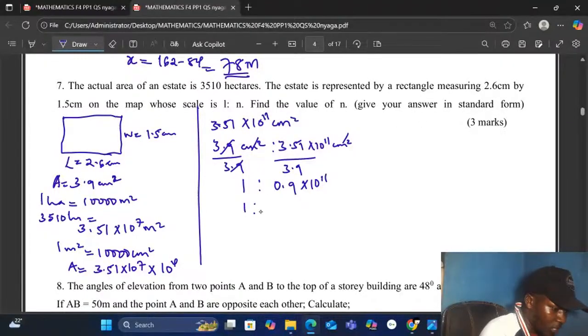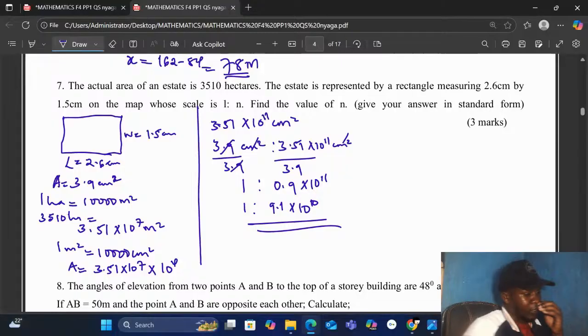So the best answer is 129.1 times 10. So we reduce 1 power because of the decimal that we moved, power 10. So this is what we have as our ratio. It is ratio 1 to 9.1 times 10 power 10.